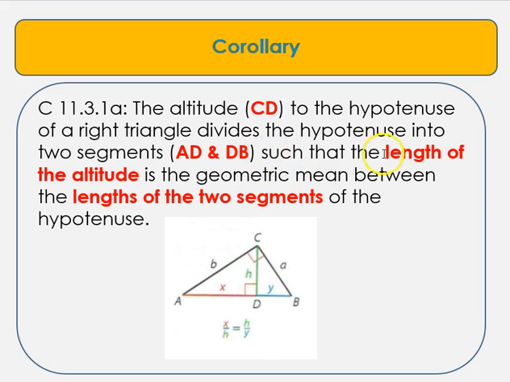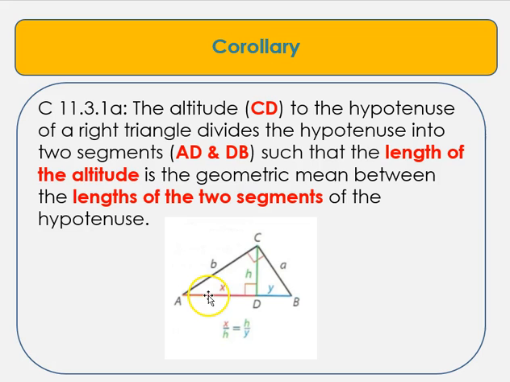When this is done, the length of the altitude becomes the geometric mean. So they've marked this length h for height. So altitude is actually height. And they set that in the proportions. So instead of seeing x's here, you will now see h's here. And they've set the geometric mean between the lengths of the two segments.